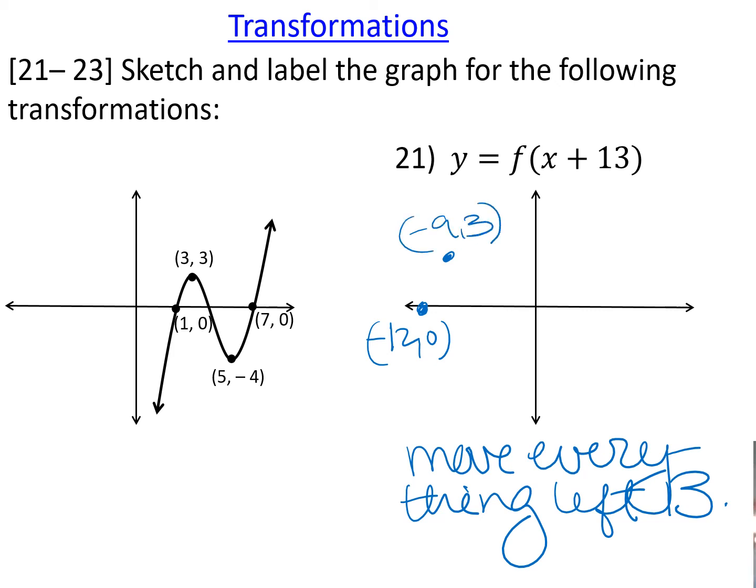My 7, if I move it 13 that way, that would only be 12. I need to change that, should be negative 10. Right? Yeah. And then here, 7 minus 13 would be negative 6.